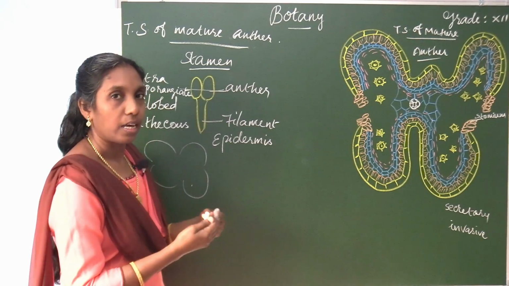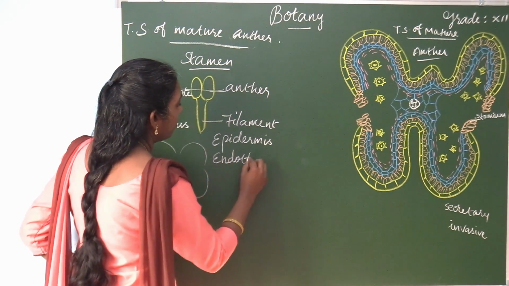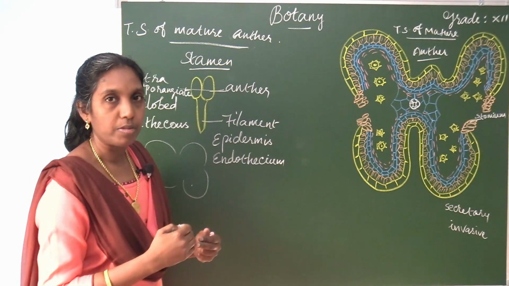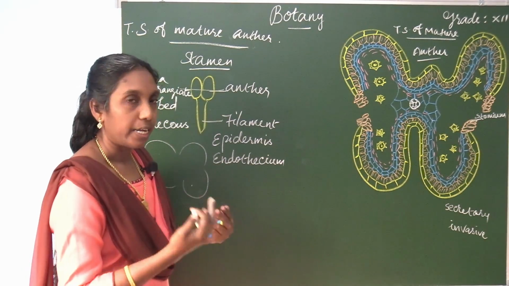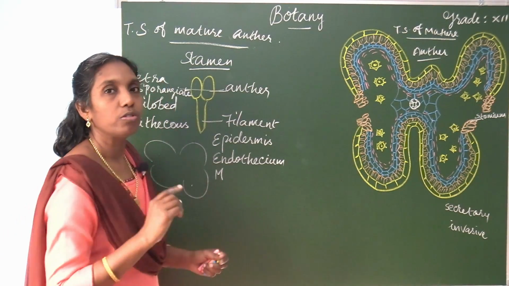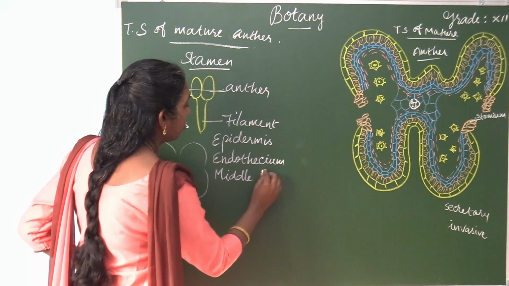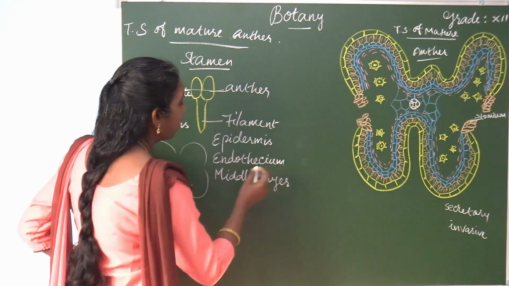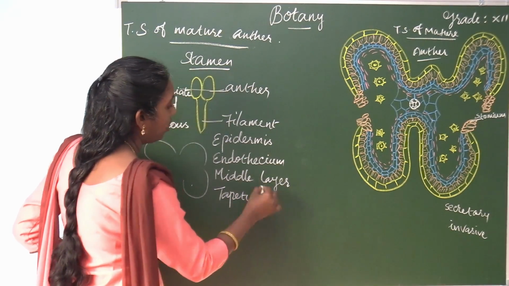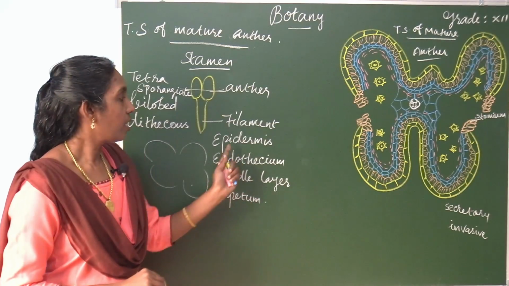Just below the epidermis there is a layer called endothecium. Then inner to endothecium there are 2 to 3 layers of middle layer, and the innermost layer is called tapetum. Let's learn the structure of these layers one by one.